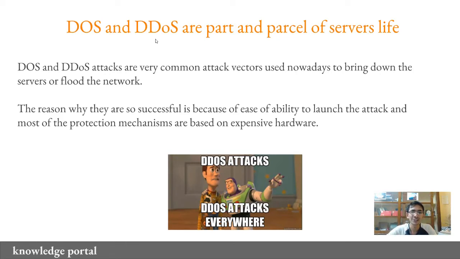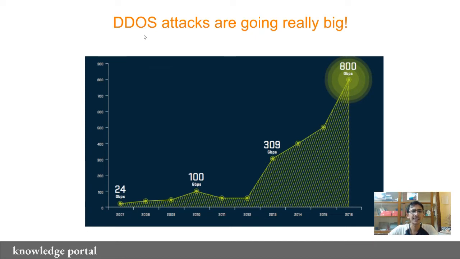However, many cloud providers like AWS are coming with good services like AWS Shield, which can help you protect against distributed denial of service attacks to a certain extent. Nowadays DDoS attacks are getting very big. In 2016 itself, which is like 2 years back, you had a DDoS of 800 Gbps. You can imagine 800 Gb per second worth of traffic. It can actually bring the biggest of websites down.